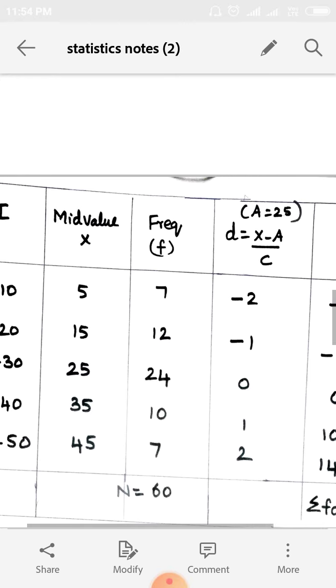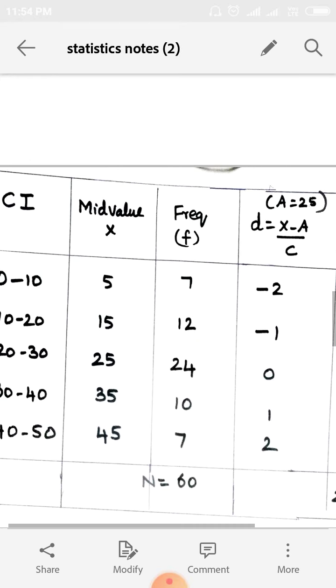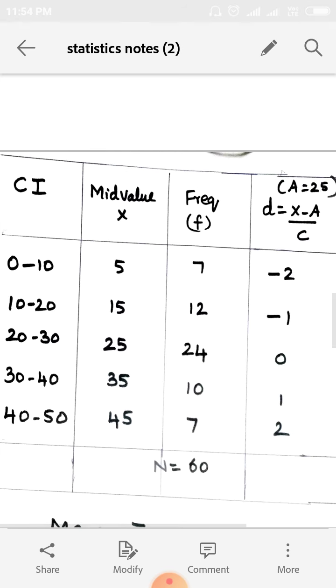Clear, girls? Listen once again, I repeat. d is equal to x minus a by c. a is equal to 25. How do we get a equal to 25? See the mid values 5, 15, 25, 35, 45. In these 5 values, 25 is the middle value. You have to take it as the assumed mean. We have to assume. So a is equal to 25. The formula is d equal to x minus a by c.